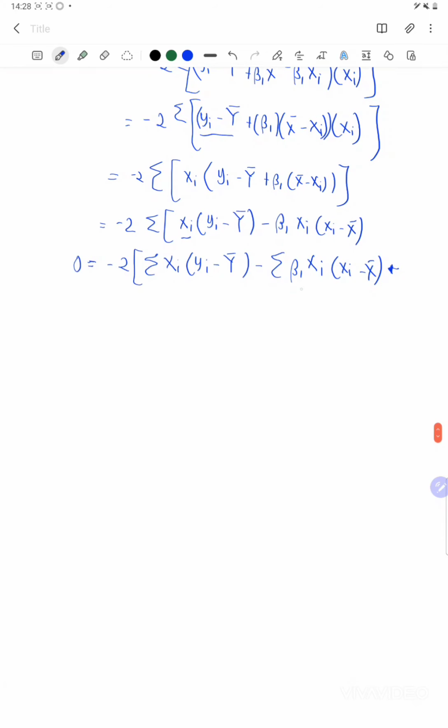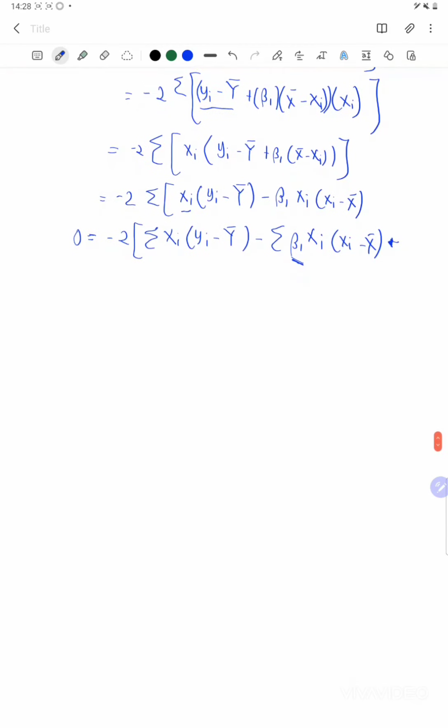But we need to find the value for theta 1. So what we're going to do is transpose that one. Sorry, I made a mistake. This should be plus 2, because it will be distributed, right?